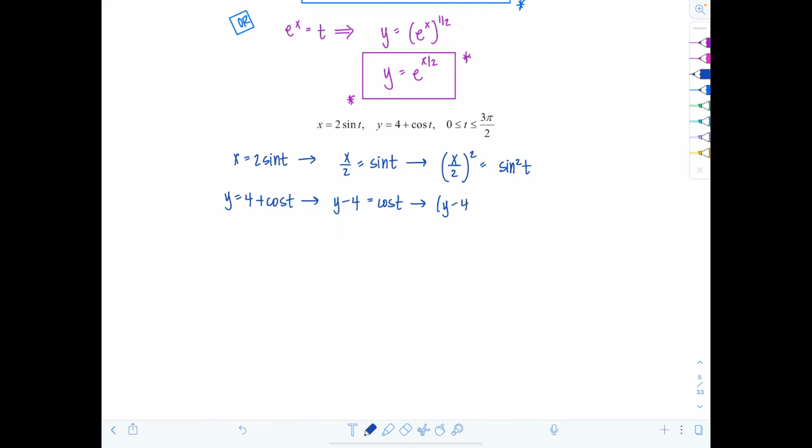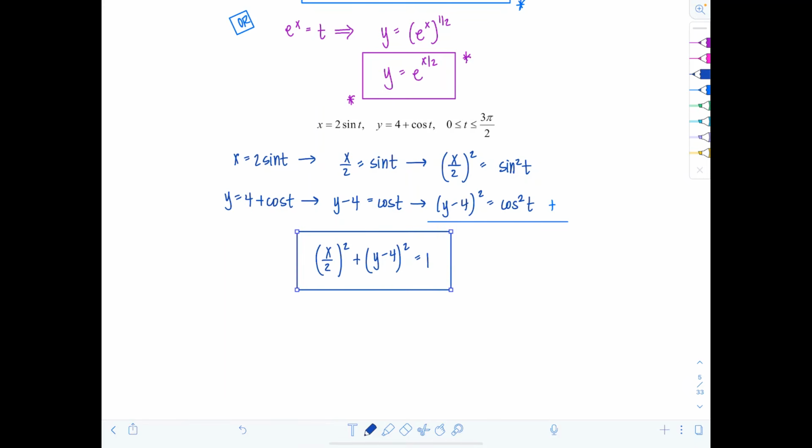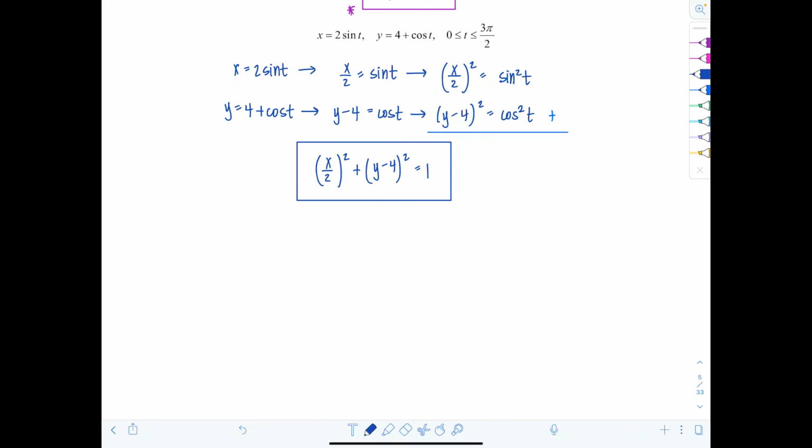So y minus 4 squared equals cosine squared t. And then we add these together, and lo and behold, we have x over 2 squared plus y minus 4 squared is equal to 1.